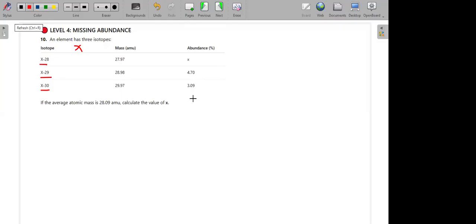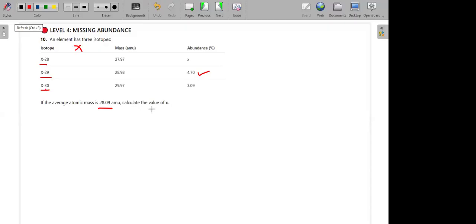The X29 has 4.70% as its abundance, and the X30 has 3.09%. The question says if the average atomic mass is 28.09 atomic mass units, calculate the value of X.